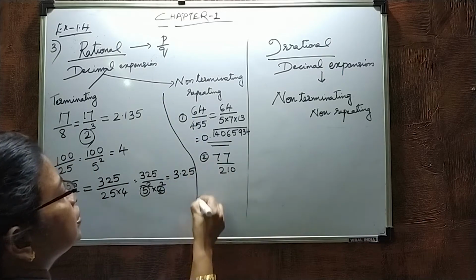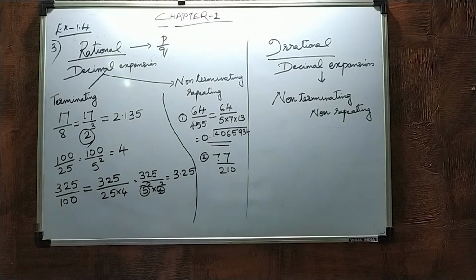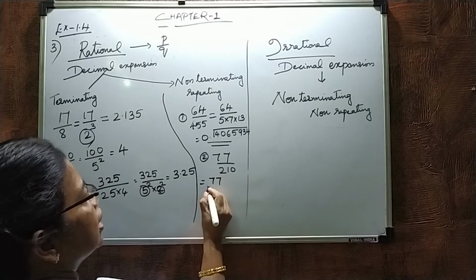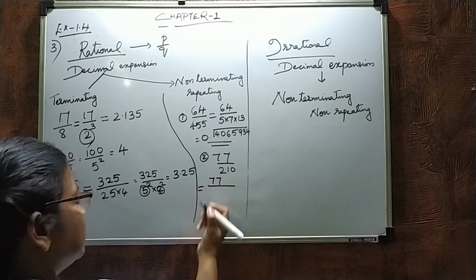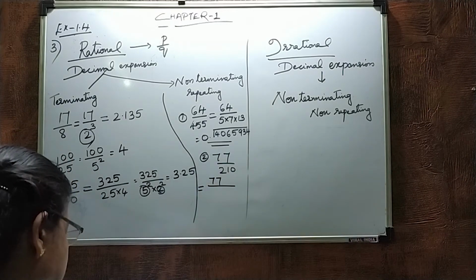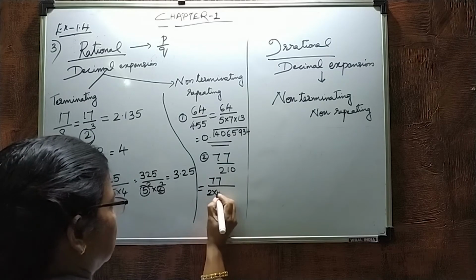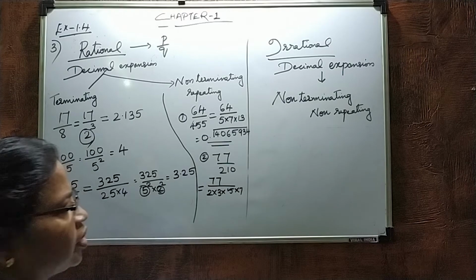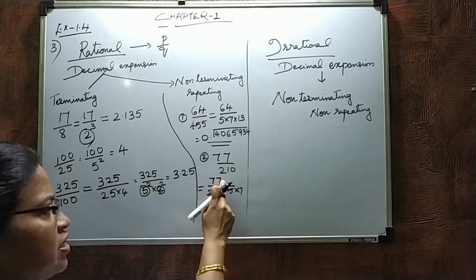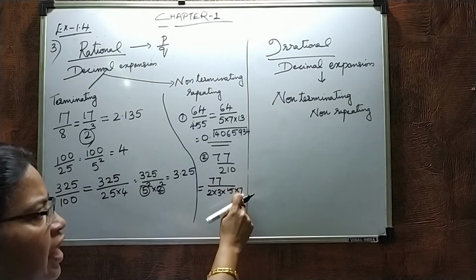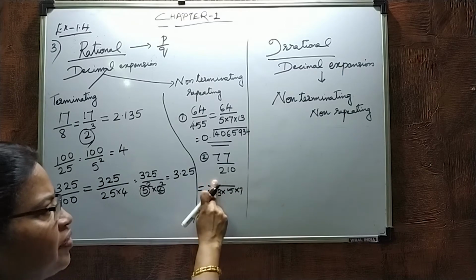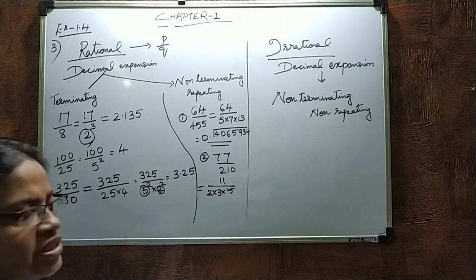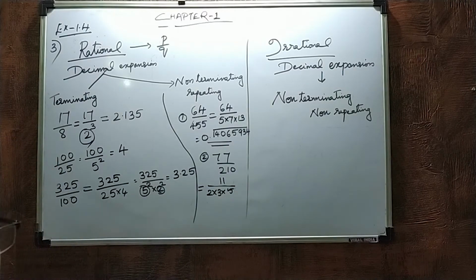Again we are taking the factors of Q. 77 divided by 210 can be written as 2 into 3 into 5 into 7. Again 77 can be written as 7 into 11, and here 7 is there, so we can cancel 7 and 7. It will be 11 by, this will be your answer, 2 into 3 into 5.